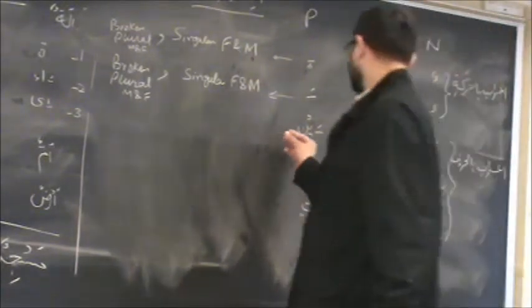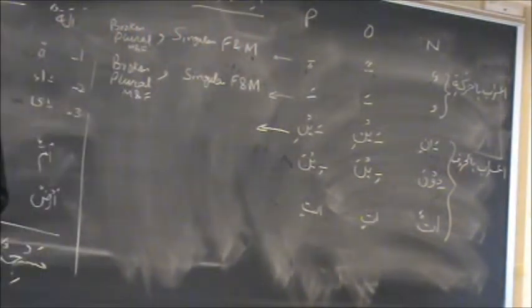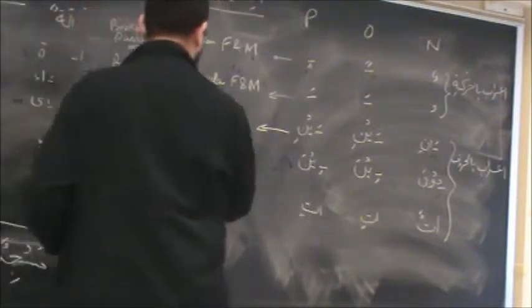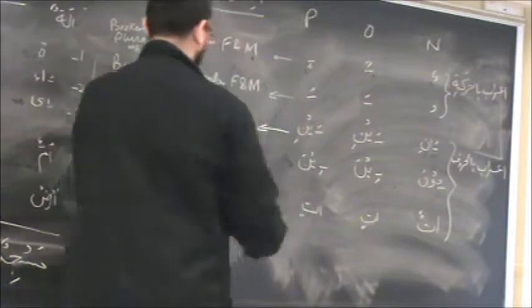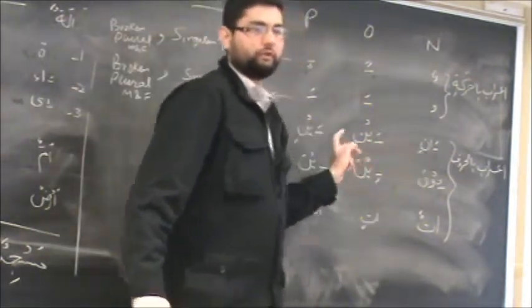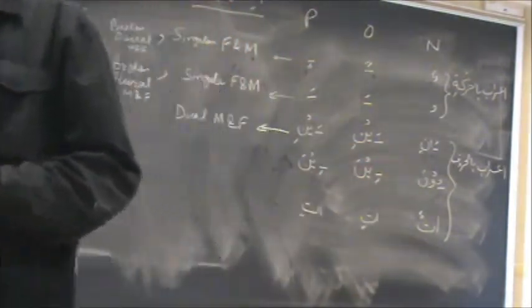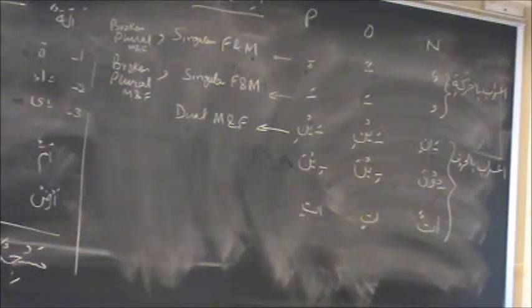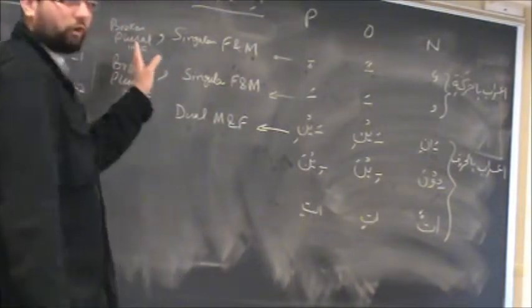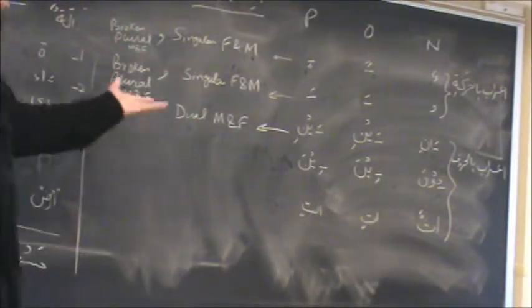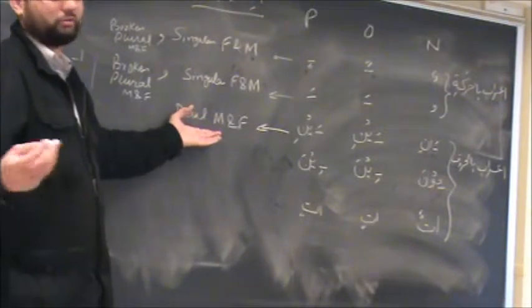Now, what about this? Double for what? Masculine and feminine. It has the same rule for both. So this i'rab is for dual, masculine, as well as feminine. But nothing else. It wouldn't involve broken plural. It can't be plural or singular.